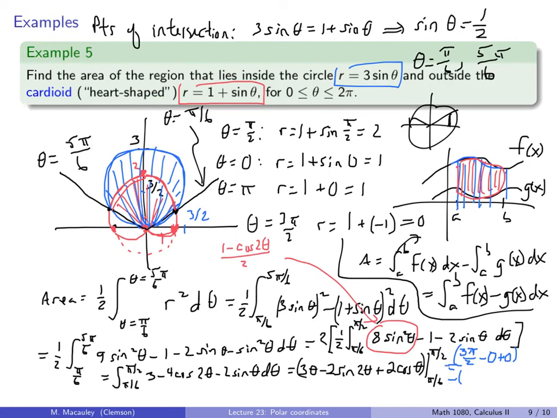Okay. Now let's subtract what we get when we plug in pi over 6. 3 times pi over 6 is pi over 2. Next one, let's plug in pi over 6 into here. Negative 2 times sine of twice pi over 6.